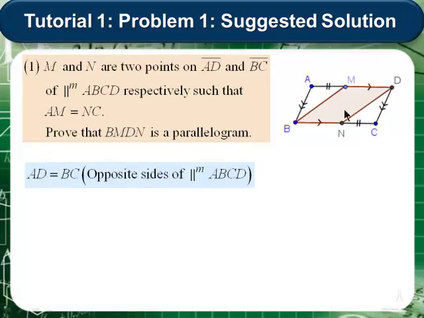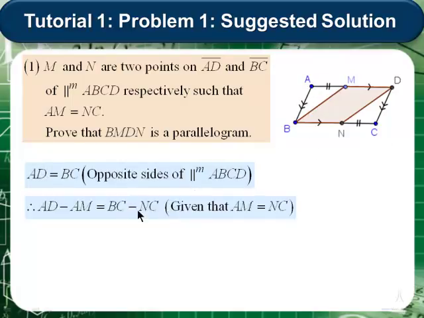We know that AD is equal to BC because they're opposite sides of a parallelogram. So if I take AD and I subtract from that AM, then it will be equal to BC subtracting NC from that, because remember we subtract two equal segments from each one.